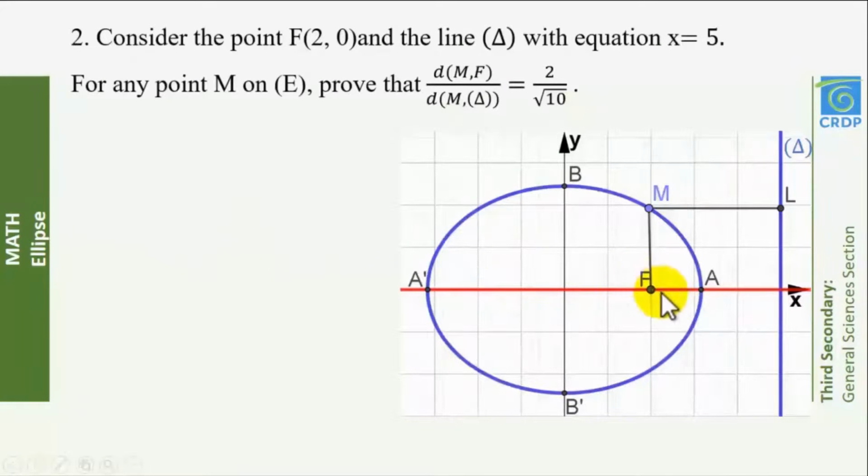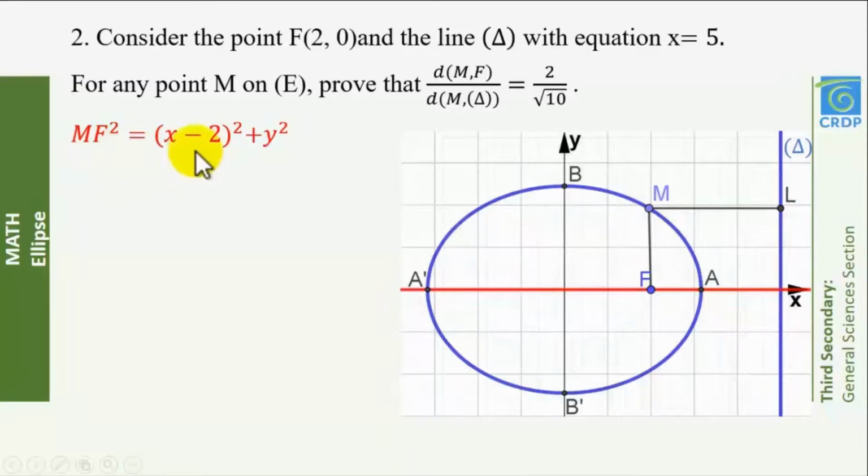Consider the point F (2, 0) and the line delta with equation x equal 5. For any point M on E, prove that distance from M to F over distance from M to delta equal 2 over radical 10. Let M(x, y) belong to E. Use distance formula between 2 points.